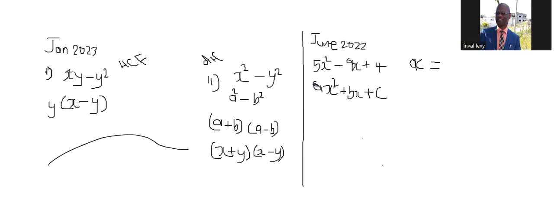Let me write that: a equals 5, b equals -9, and c equals 4.